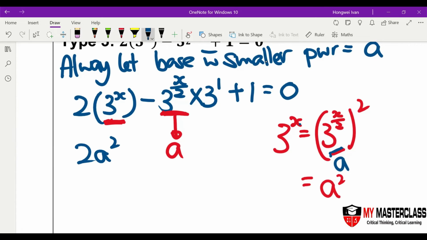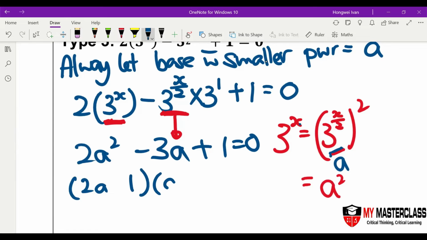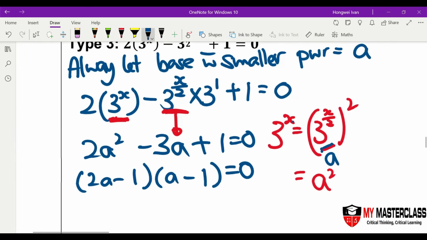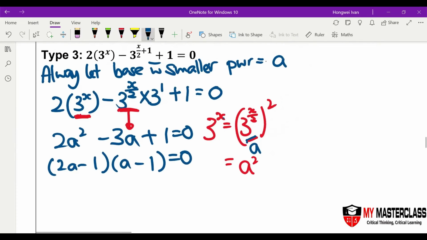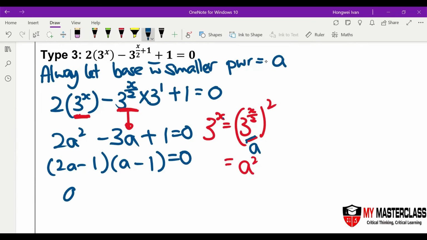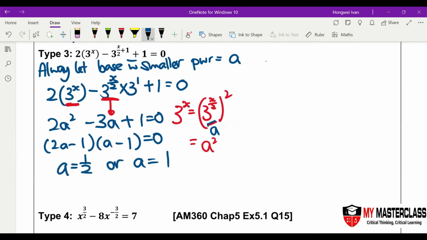So 2A square minus 3A plus 1 equals 0. Factorise: 2A minus 1, A minus 1 equals 0. A equals half or A equals 1. 3 to the power of x over 2 equals half.